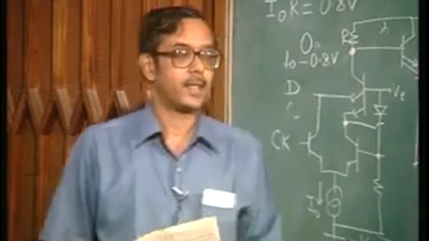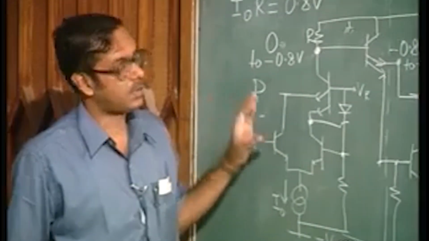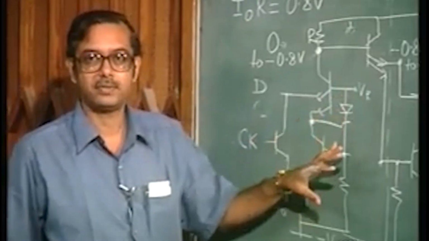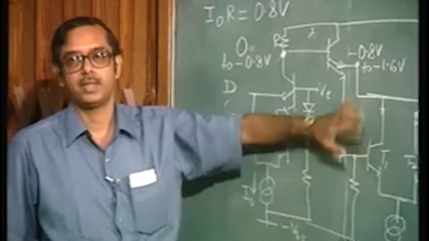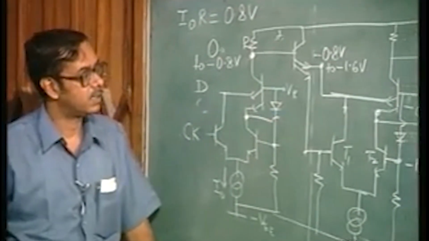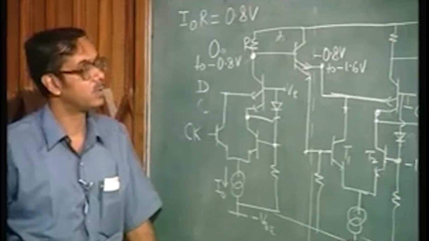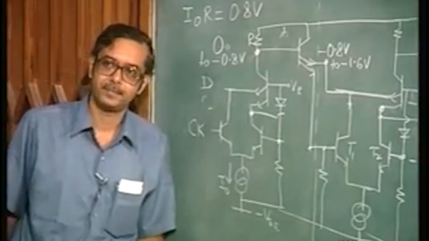So, the EFL circuit does not require any level shifting, although you have a stacked structure as here. That is the important thing, because level shifting would mean that you require additional circuitry.